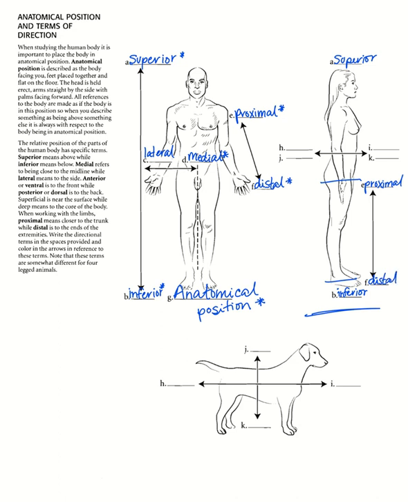But now we have two new terms to talk about front versus back. And there's two different terms we can use here. The front is referred to as anterior or posterior.